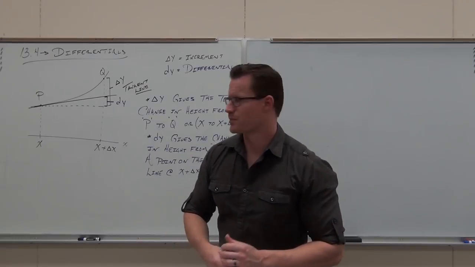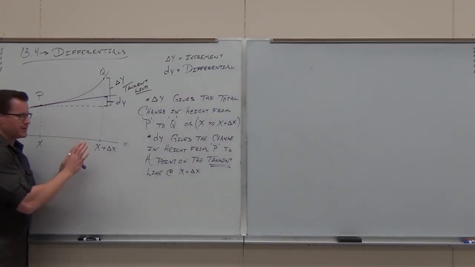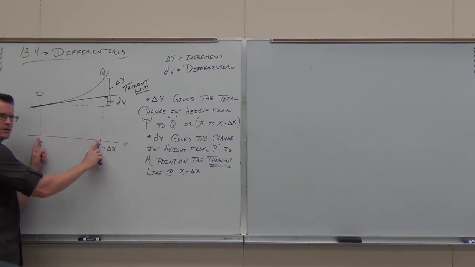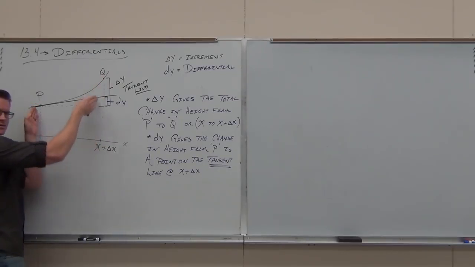Now I want you to think about this. Please focus here. Is there a difference between here, when I compare the difference between P and Q, and here? Is there a difference along the x-axis?